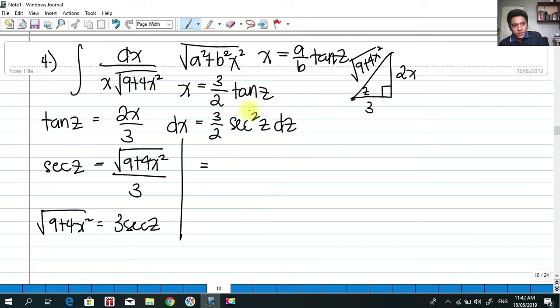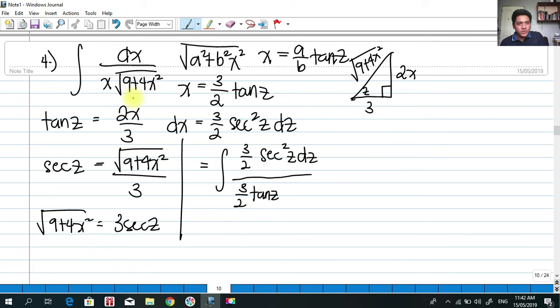That is equal to the integral of dx, where dx is 3 halves secant squared z dz, over the x, which is 3 halves tangent z, multiplied by the square root of 9 plus 4x squared, which is 3 secant z.